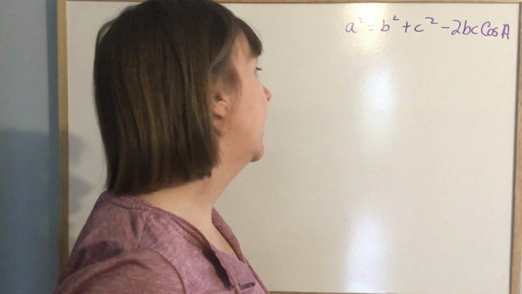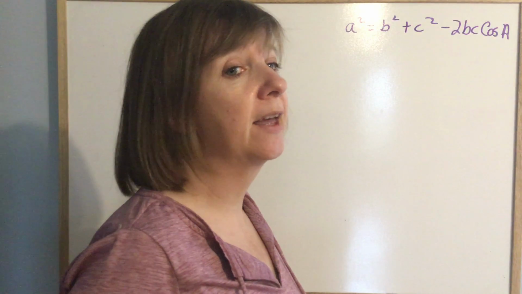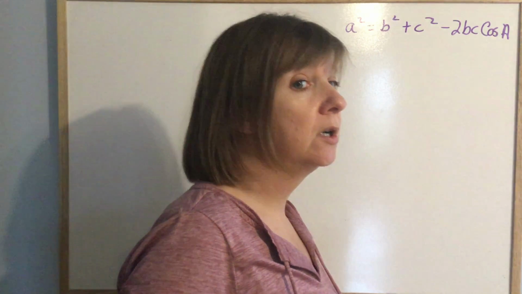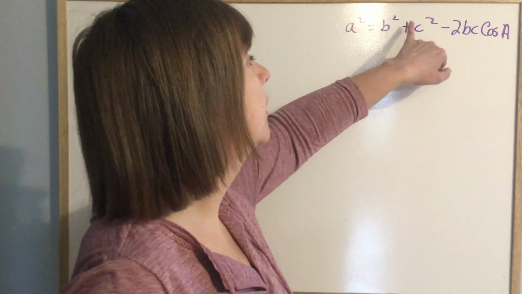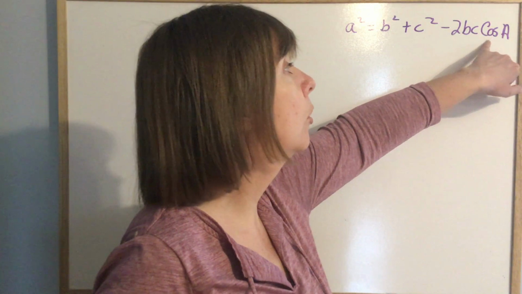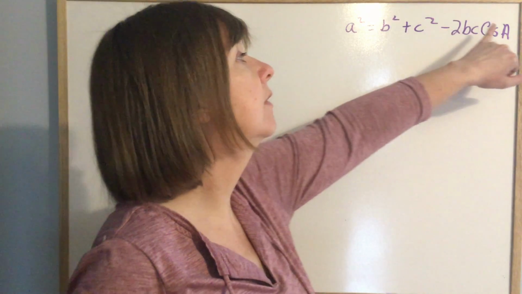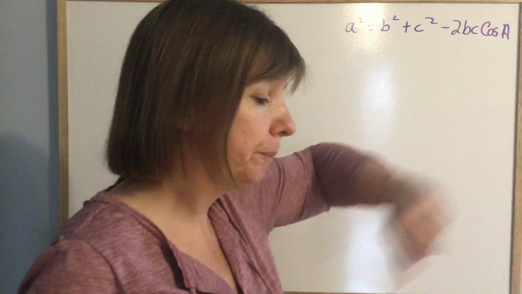If I had P, Q, and R again, and the side I wanted to find was side Q, then it would be Q squared is equal to P squared plus R squared minus 2PR cos of Q. Whatever side I'm trying to find, that's the angle I would know.